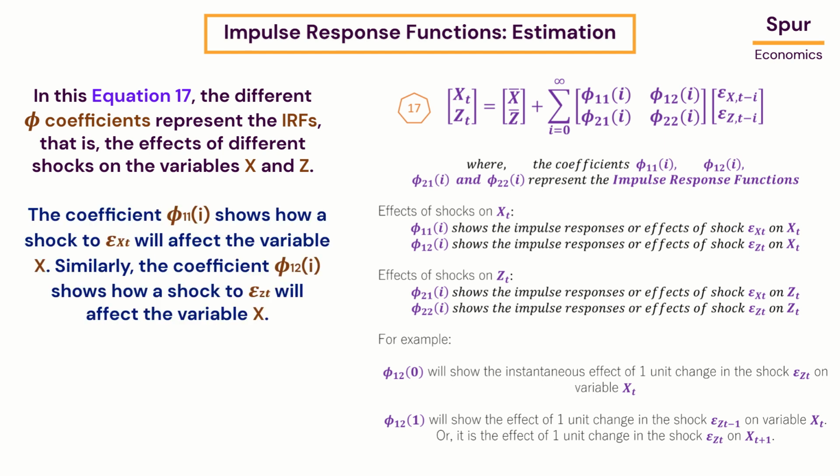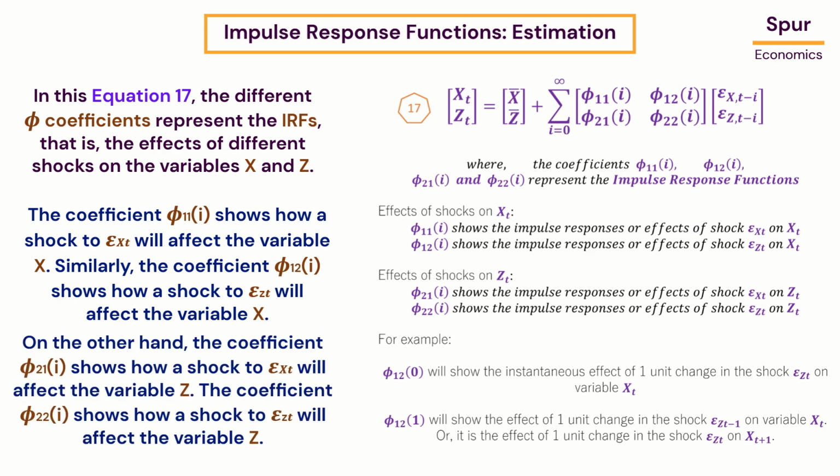The coefficient phi11i shows how a shock to epsilon xt will affect the variable x. Similarly, the coefficient phi12i shows how a shock to epsilon zt will affect the variable x. On the other hand, the coefficient phi21i shows how a shock to epsilon xt will affect the variable z. The coefficient phi22i shows how a shock to epsilon zt will affect the variable z.